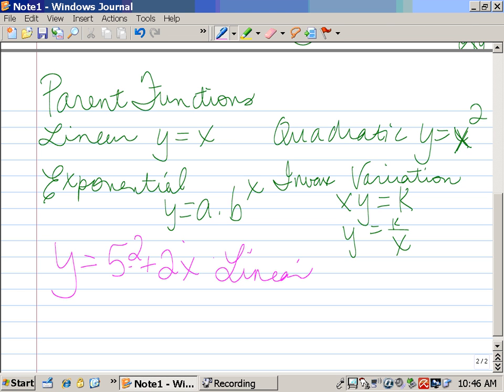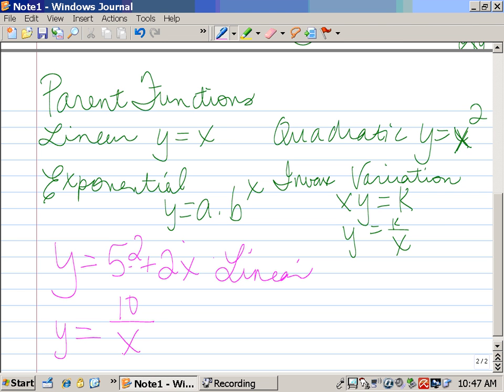So does the square mean that it has to be quadratic? Any square in the whole problem mean it's quadratic? No. Okay, how about this one? Inverse variation.